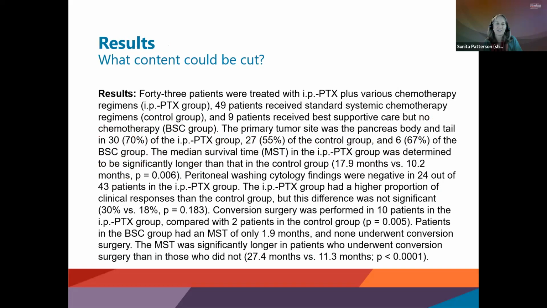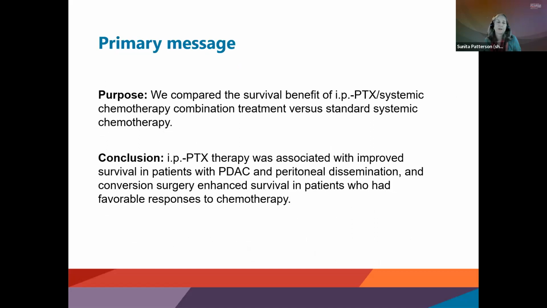Okay, let's look at the results. This is our last poll. This one is longer, so you should be seeing the results section. While you're looking at these sentences in the poll, I'm going to put the primary message back up, the purpose and the conclusion.